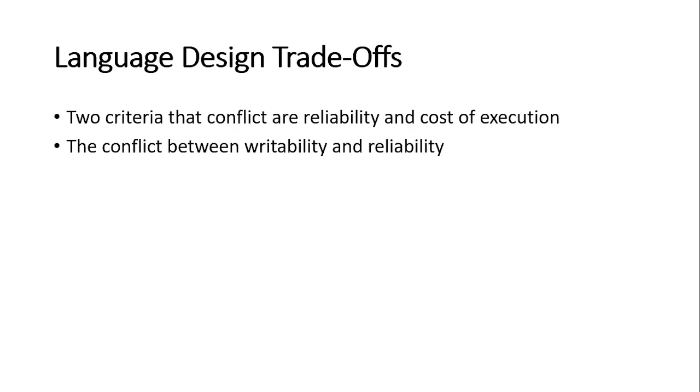Okay, and examples of conflicts among language design criteria abound. Some are subtle, others are obvious. Okay, so it is therefore clear that the task of choosing constructs and features when designing a programming language requires many compromises and trade-offs. So there is always a compromise required when we choose constructs and features of different programming languages.